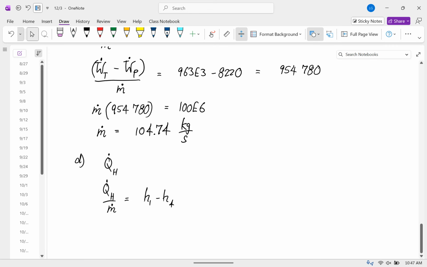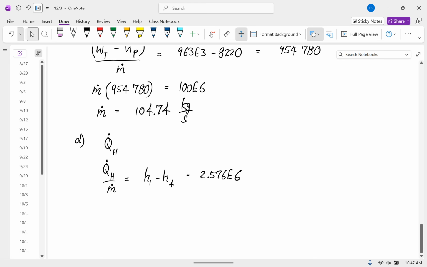And H1 minus H4 is 2.576 times 10 to the 6. And now we know what M dot is. So QH dot is equal to 104.74 times 2.576 times 10 to the 6.